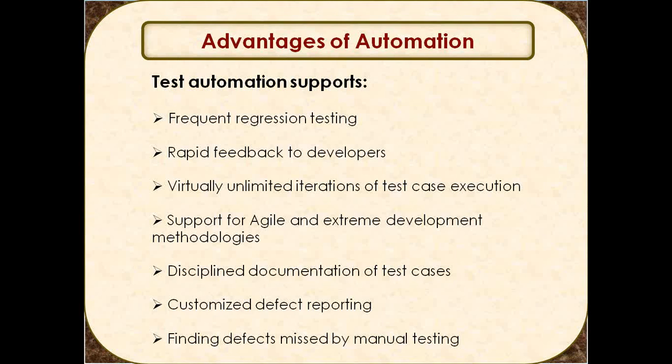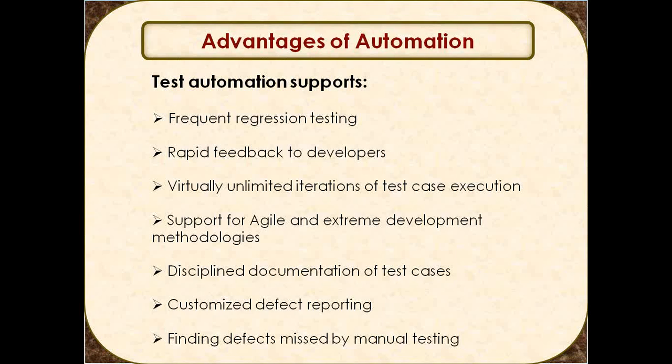These are the advantages of automation, starting with frequent regression testing. If you take any e-commerce website, you will have frequent releases. Let's say I'm taking Flipkart as my application, and whenever it is festival season, they release some coupons or discount cards.